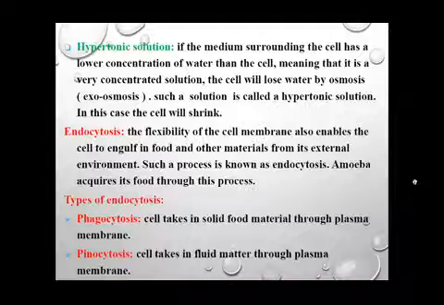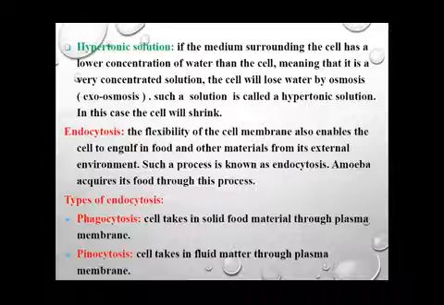Now comes endocytosis. So what is endocytosis? Here there is the flexibility of the cell membrane. So we will discuss the flexible nature of the cell membrane here. What happens in case of the amoeba?